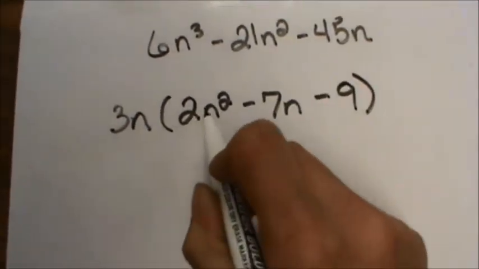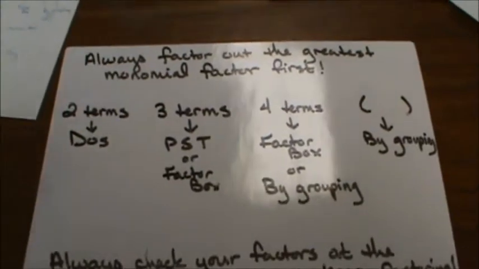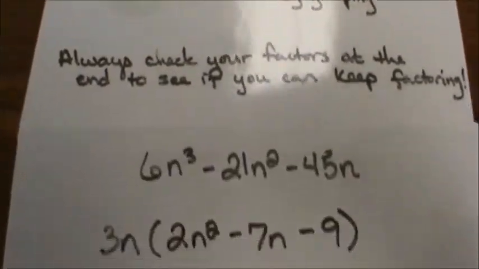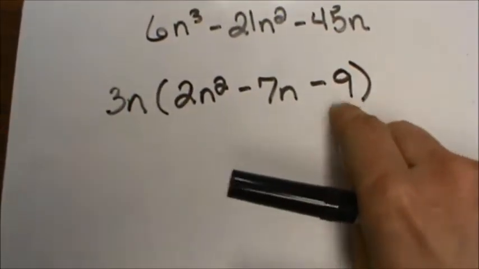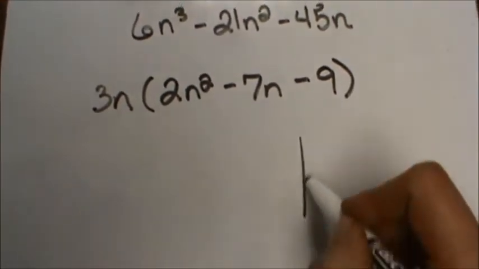Now I'm left with a trinomial, 3 terms. Could it be a perfect square trinomial, or should I use the factor box? If I look at what's here, though this is a perfect square, this one is not. So I'm going to use my factor box.